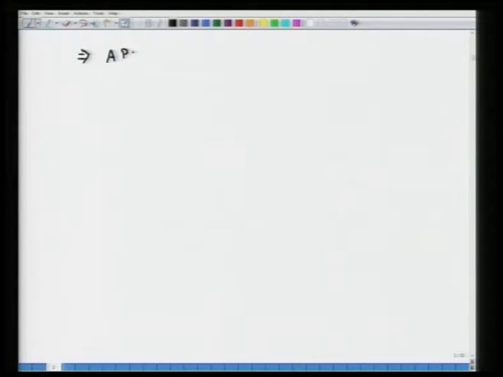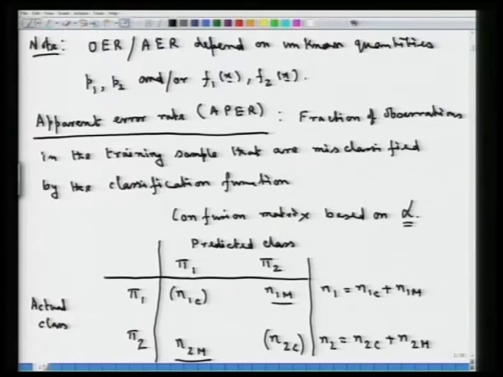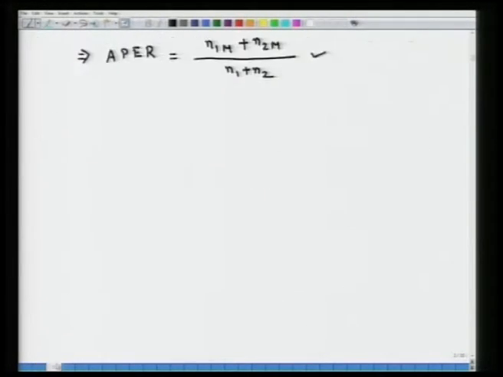So, this would imply that this APER, apparent error rate, is the fraction of misclassified observations. So, it is N1M plus N2M. These are the observations which are misclassified, that divided by N1 plus N2. So, this is in a perfectly implementable form. So, based on any classification function and the given learning sample L, one can compute this confusion matrix, and hence one can get to this apparent error rate. So, that can be computed for any practical data.